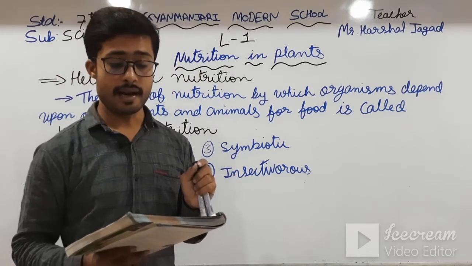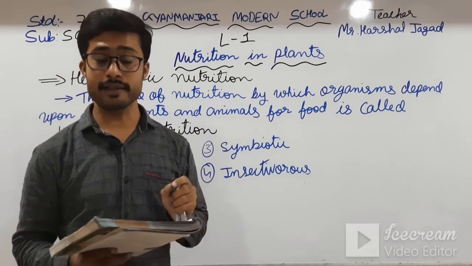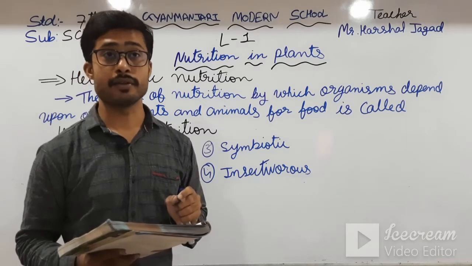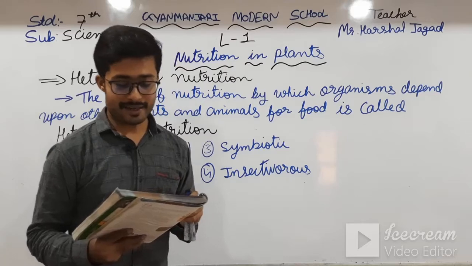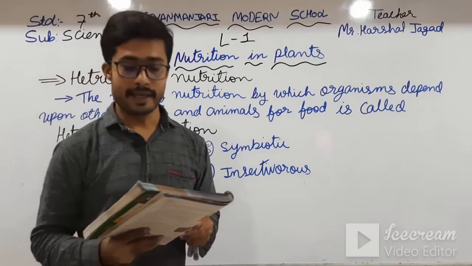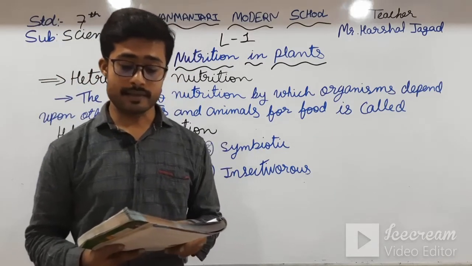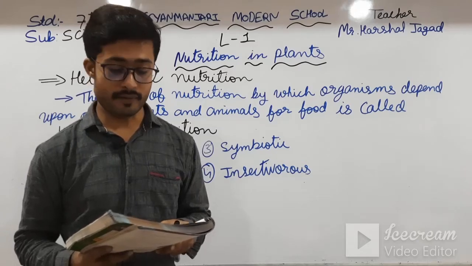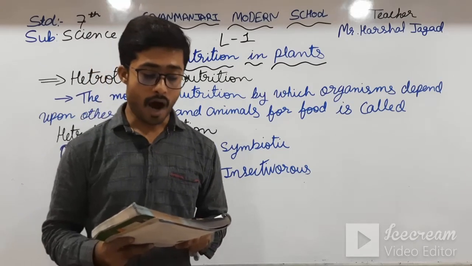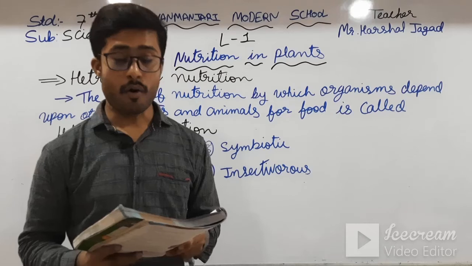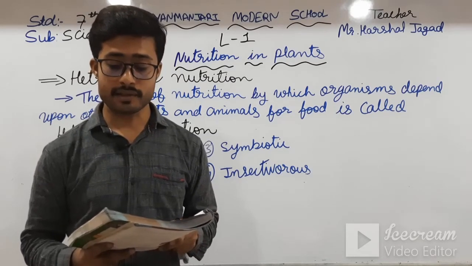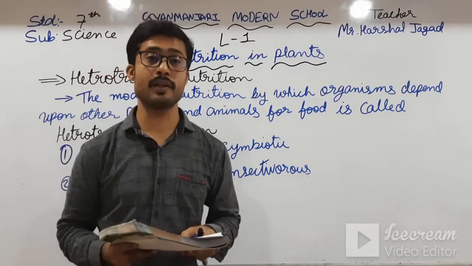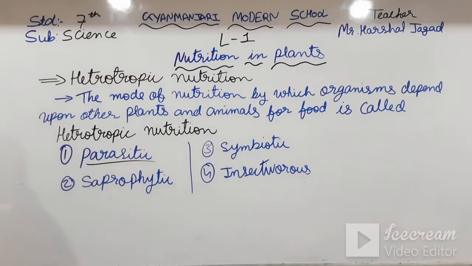Since they lack chlorophyll, they contain special roots which penetrate the host plant and absorb nutrition from it. Thus, the parasite benefits at the cost of the host plant. However, they rarely damage or kill the host plant. Cuscuta and mistletoe are common examples of parasitic plants.